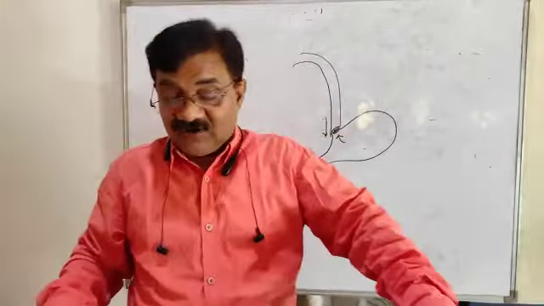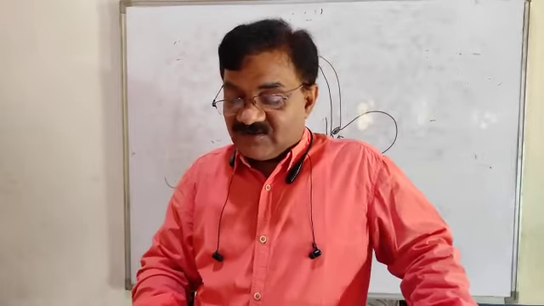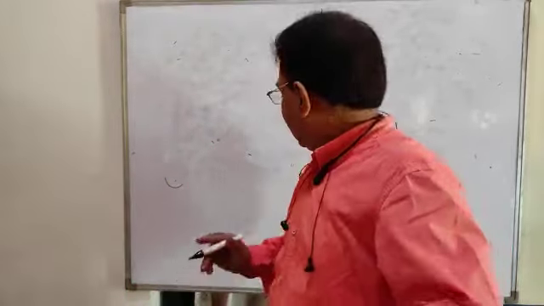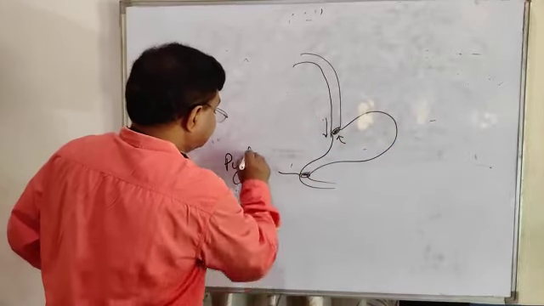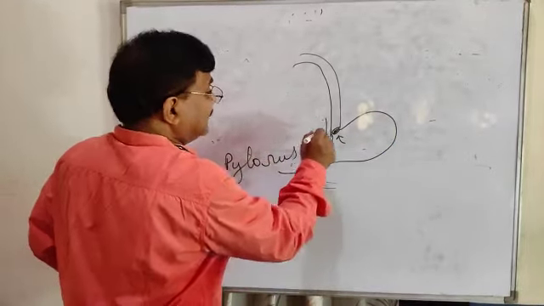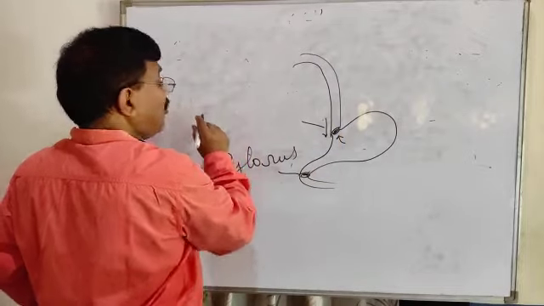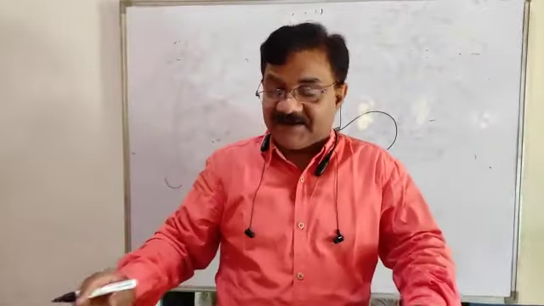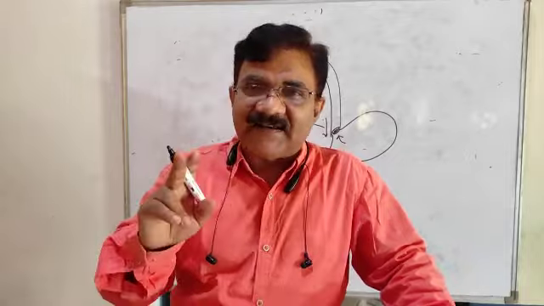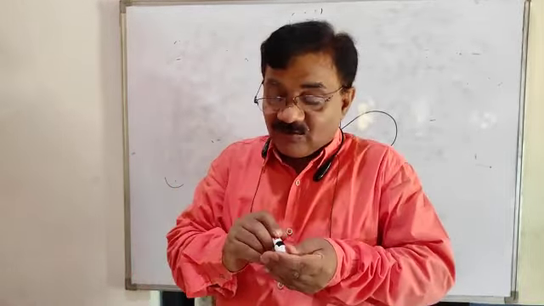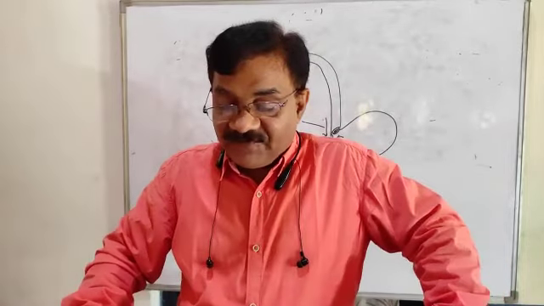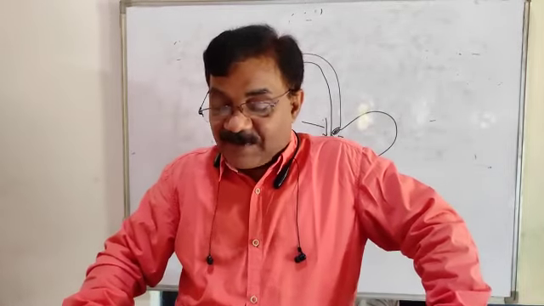So here we will discuss two types of muscle. One is the opening of the stomach into the intestine, called the pylorus. Here it is pylorus. And this is the cardiac muscle or cardiac sphincter. Sphincter means circular muscle. The opening of the stomach into the intestine is called the pylorus.